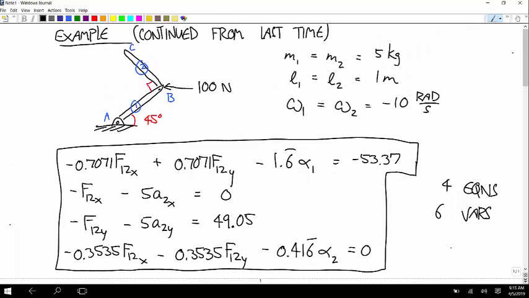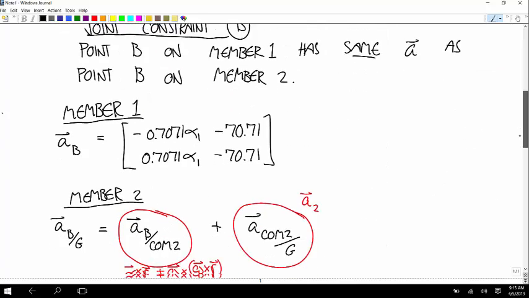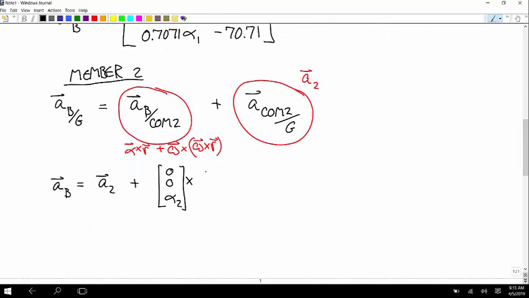If you're using circular motion, assuming that the center of mass is fixed, the R vector goes from the center of mass to the point B. So that's 0.5 times cosine and sine of negative 45. So that's 0.3535, negative 0.3535.